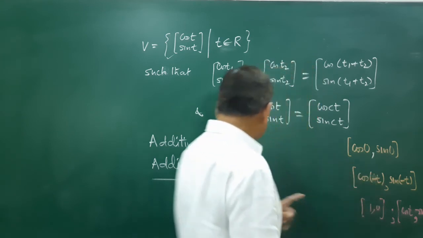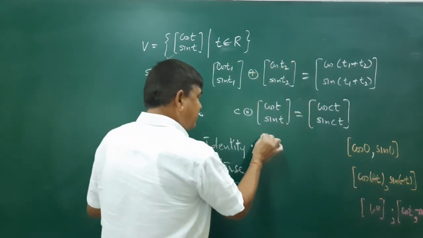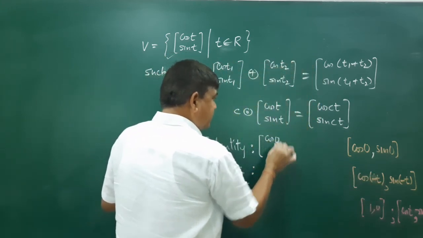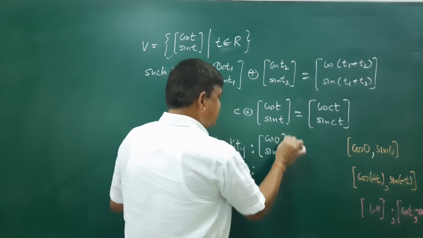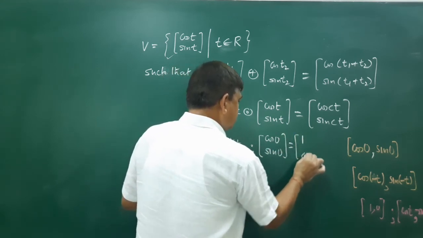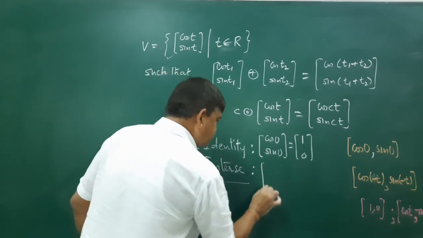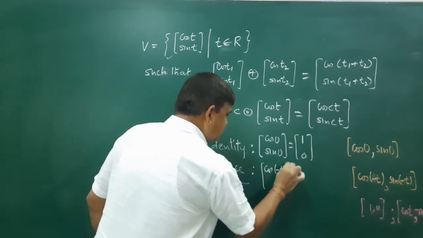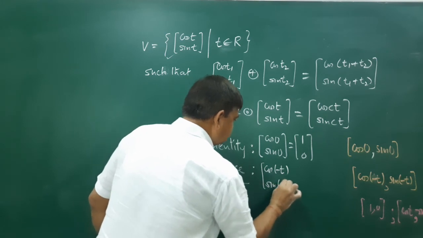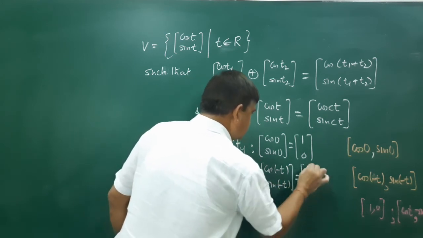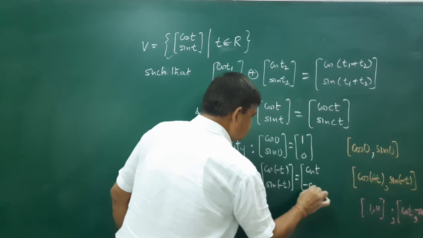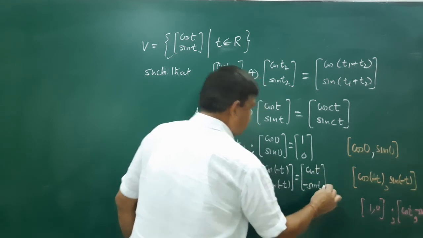So what is the correct answer? Additive identity is cos 0, sin 0. That means you can write just like this. I hope you have understood. The additive inverse is cos t, and this is minus sin t.